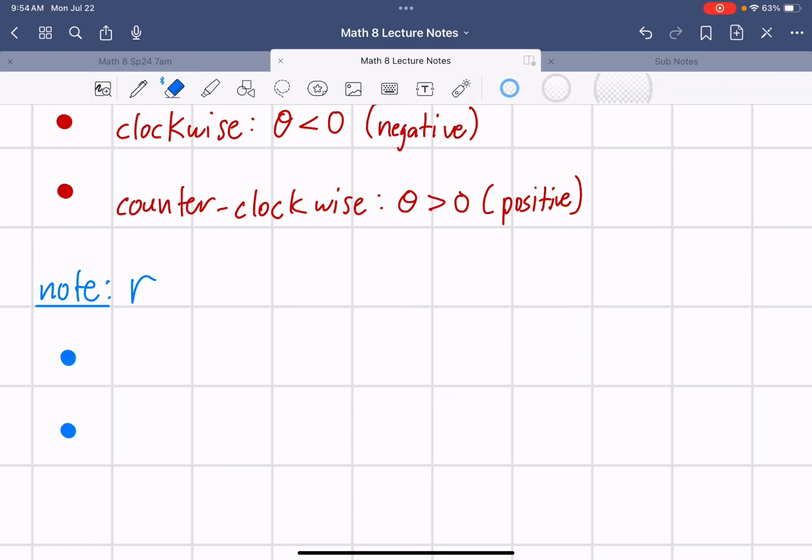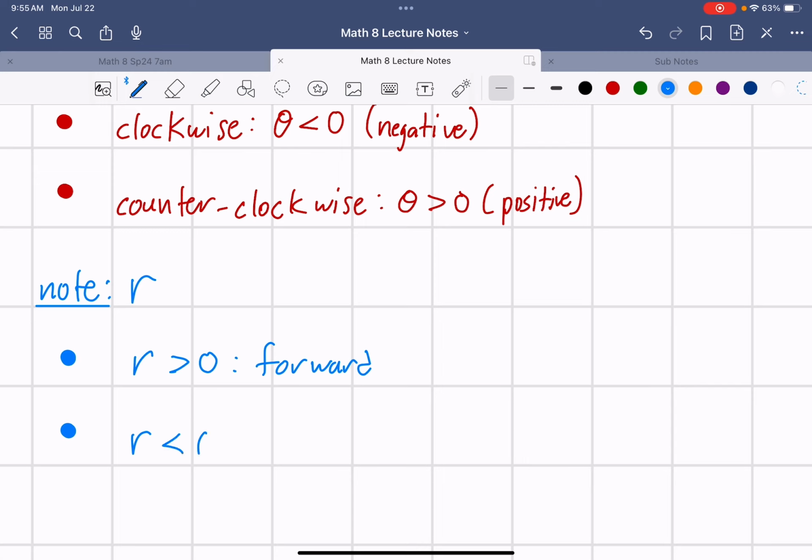The best way I can describe it in words would be: r is positive when you move forward. I'm going to describe what I mean by that in a little bit. And when r is negative, I would say you move backward.